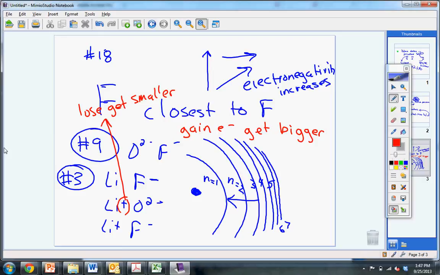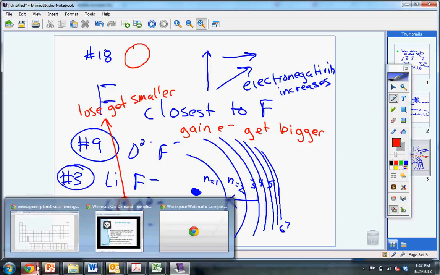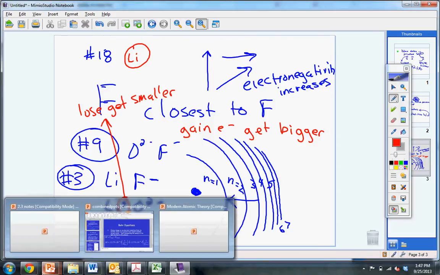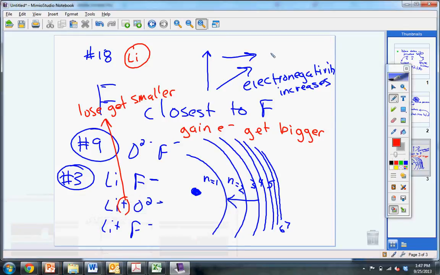If you're in the second row, N equals 2, I would start with lithium. Lithium would be my biggest element, right? So Li's here, and as I go to the right, they're getting smaller. So this is going to be fluorine originally, right there.